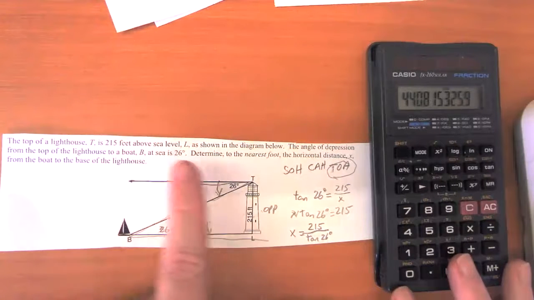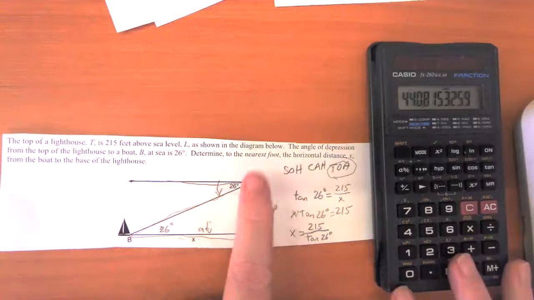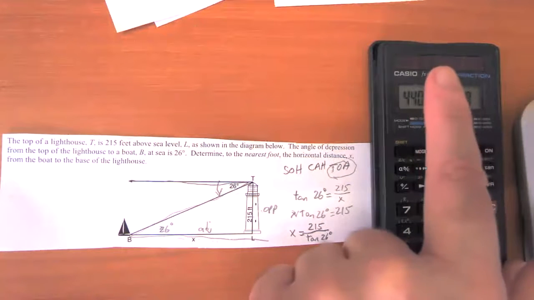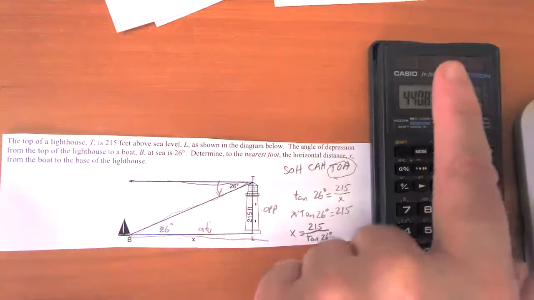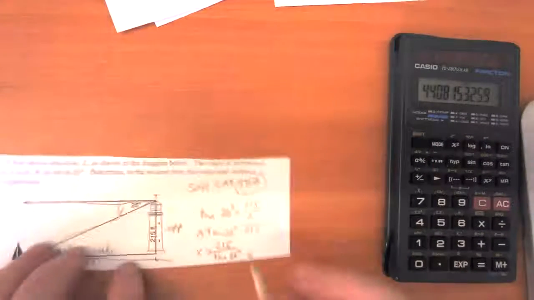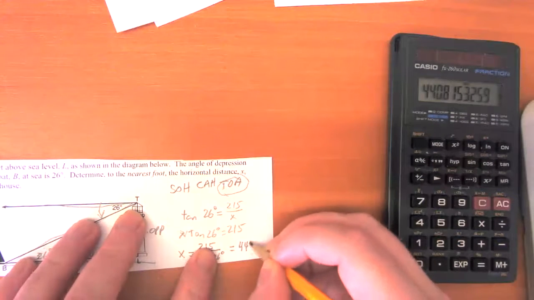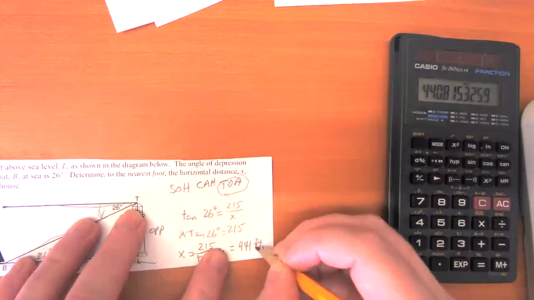All right, so we're talking about feet. They want to determine to the nearest foot of x. And so this rounded to the nearest foot is 440, and we want to round up because 8 is bigger than 5. So that is equal to 441 feet.